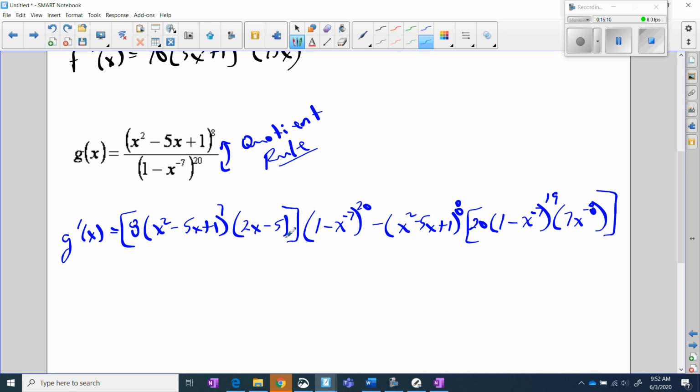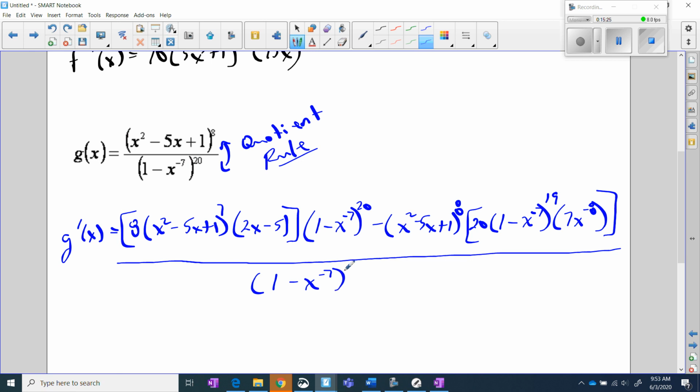Derivative of the numerator multiplied by the denominator. Subtract the numerator multiplied by the derivative of the denominator. Last part of quotient rule. Everything divided by the denominator squared. Well, if it's 20 and we're going to square it, that's going to turn it to 40. You multiply exponents when you raise exponents to other exponents.